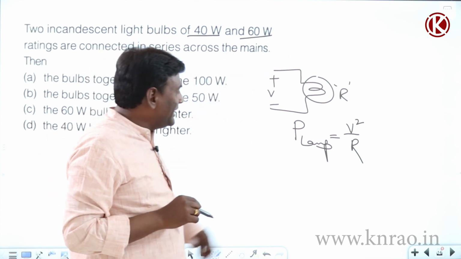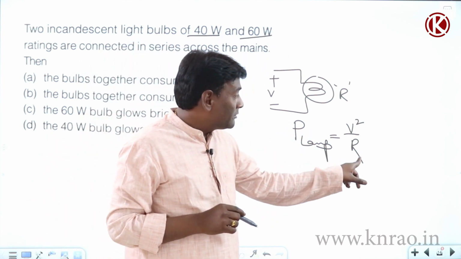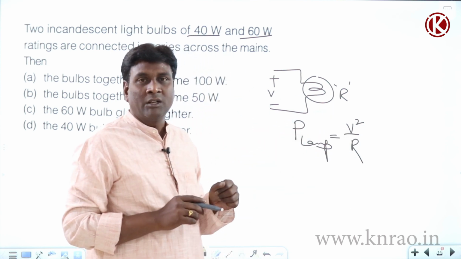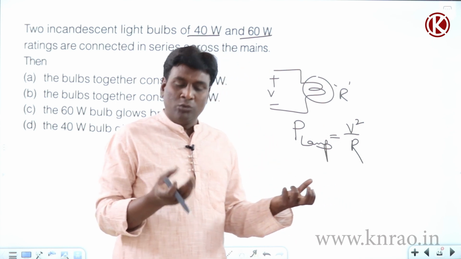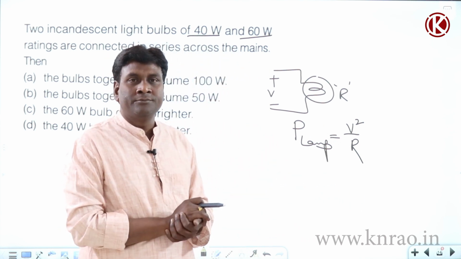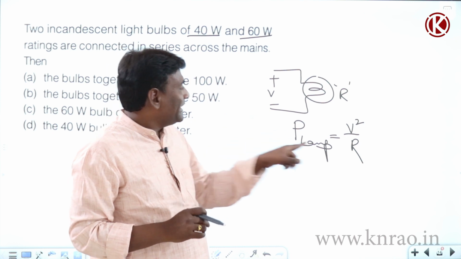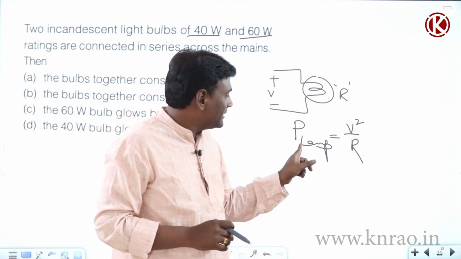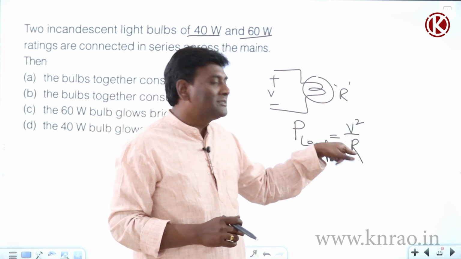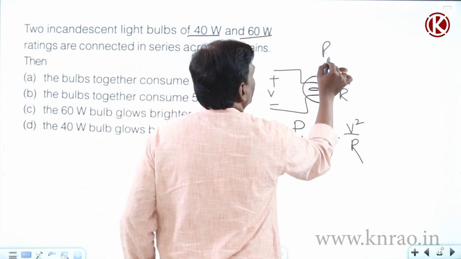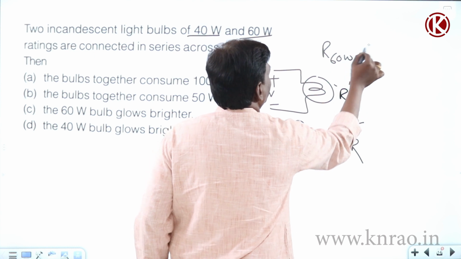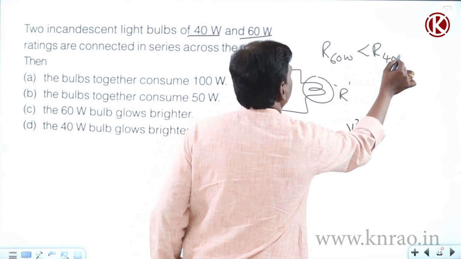Definitely for the 40 watt lamp the resistance will be more, because the voltage is the same. If both lamps are designed for 230 volts, then for a given voltage, the higher power rating means the resistance should be less. So the resistance of the 60 watt lamp is less compared to the resistance of the 40 watt lamp. That is the conclusion.